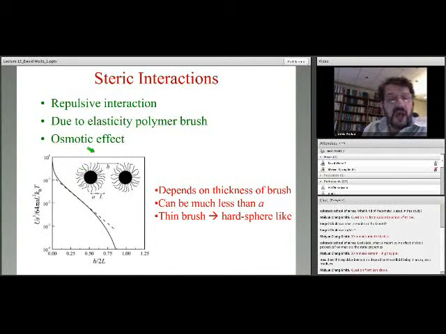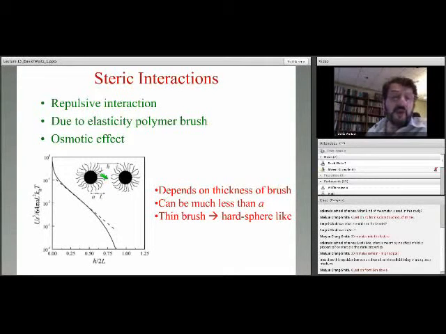As they come together, the brushes start to overlap, and basically they have essentially the same behavior, and the polymers don't want to overlap. In order for them to overlap, they have to entwine, they have to intertangle, and they don't want to do this. And the fact that they don't want to do this leads to a repulsive interaction.